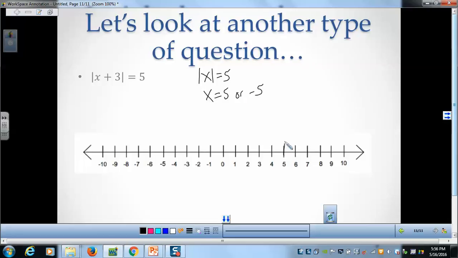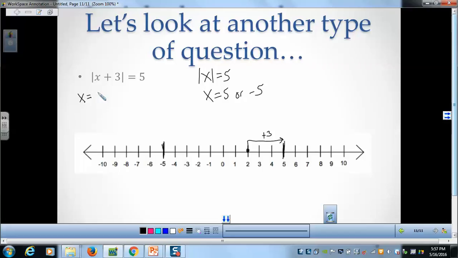So I've got to get to 5, and I have to get to -5. But to do that, I've got to take a number and add 3, or move to the right 3, to get to 5. So if I go back and look, that would be 2, because if I add 3, I get to 5. Yes, 2 plus 3 is 5. The absolute value of 5 is 5.